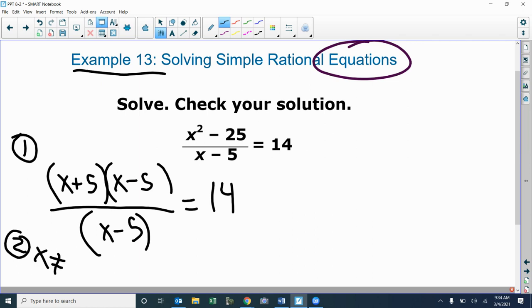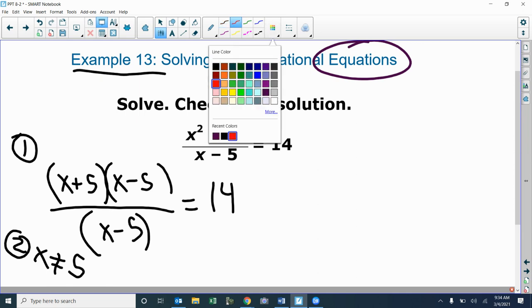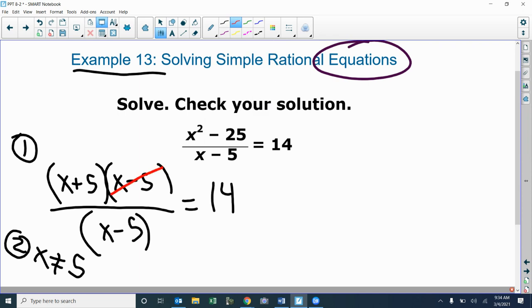Set that equal to 0. X cannot be 5. So we're set there. Now we're ready to go ahead and solve. But before I solve, I can cancel. Boom, boom. Now that's pretty helpful, isn't it? Because all that's left is x plus 5 equals 14.